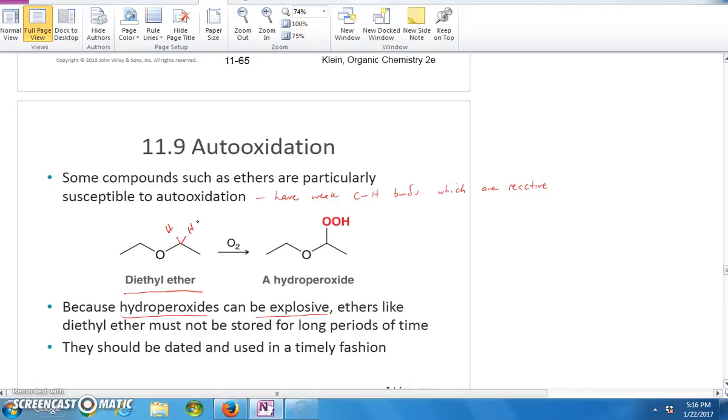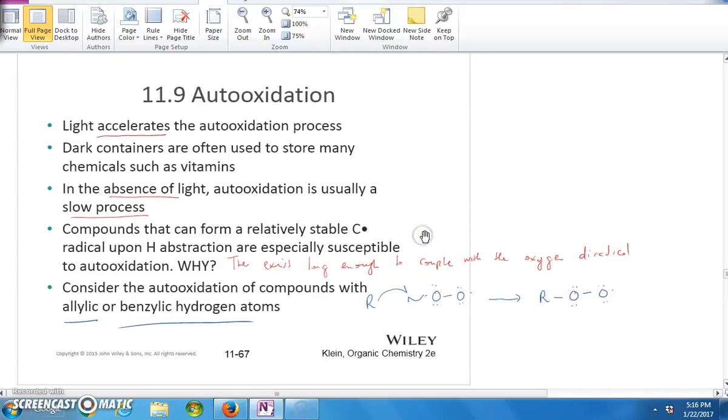And so these hydrogens are very susceptible to auto-oxidation, and that's how you can go from a diethyl ether to a hydroperoxide. The bad thing about this is that hydroperoxides can be very explosive, and that's why if ethers are stored for a very long time, they can actually explode because of the formation of hydroperoxides. And that's why ethers need to be dated and used in a timely fashion.